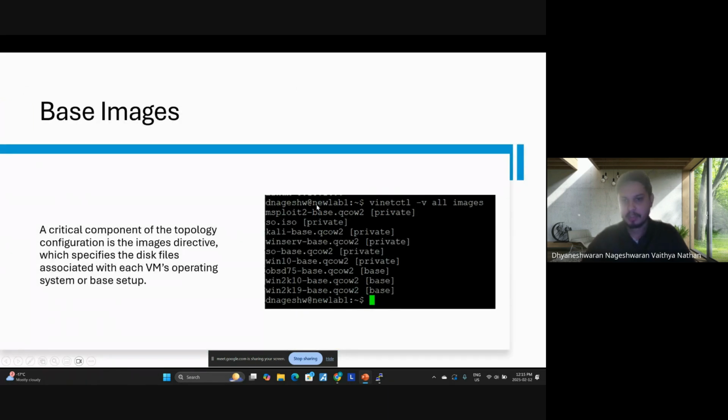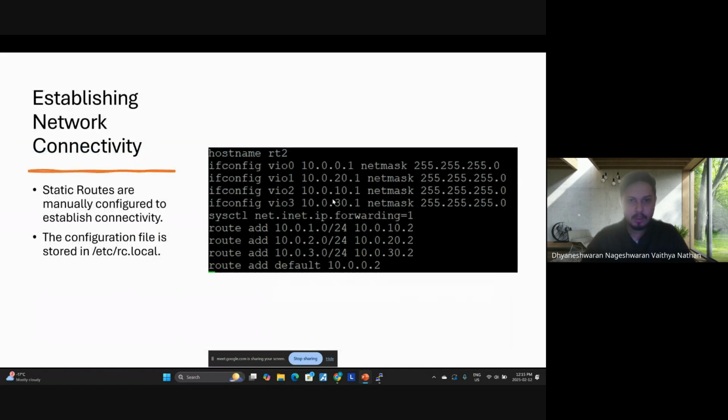And this is the base image that is in the home directory. So whenever VNetCTL reads the topology file, the image that is specified over there points to these images in the home directory, and then it will call upon these images to build the OS. And we have established network routes using static networks, and it is configured in rc.local.